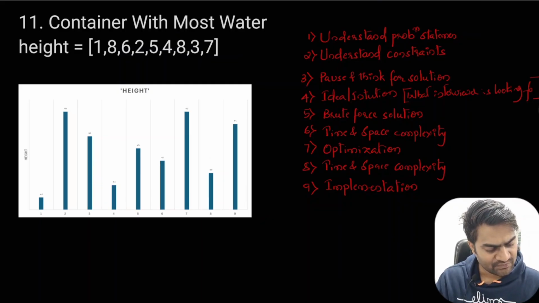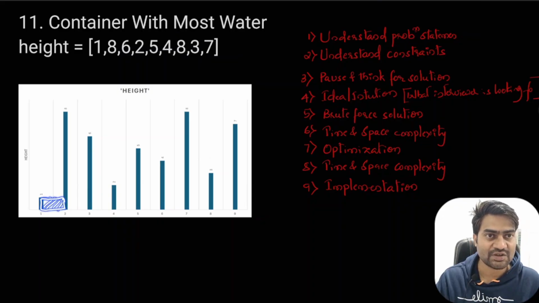Now if I consider this particular line and this particular line, what is the maximum amount of water I can store? I can store water till here. If I try to fill more, it gets overflowed.